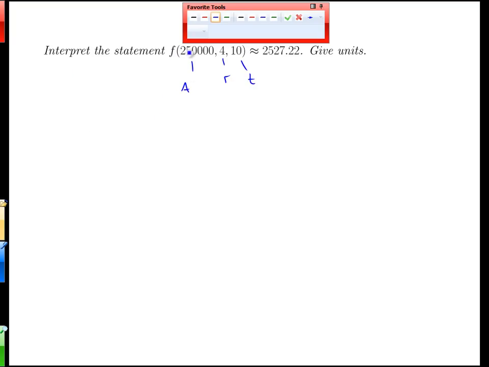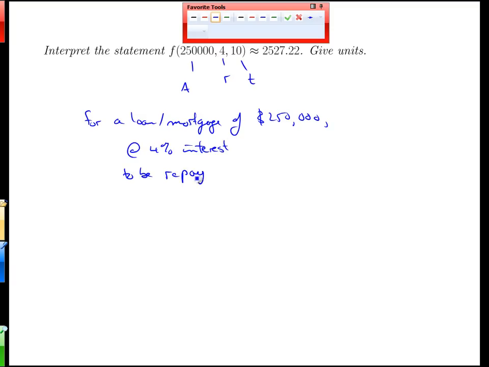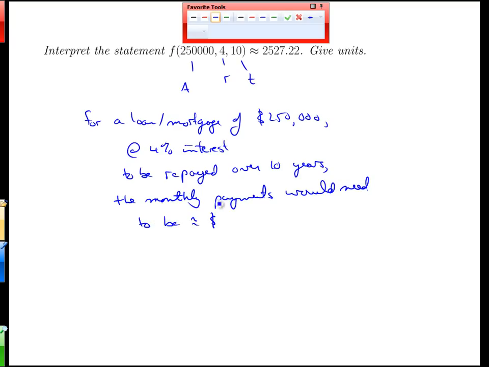So if we had this f of A, R, and T is approximately this value here, in English this would be for a loan or mortgage of $250,000 at 4% annual interest, and to be repaid over 10 years, the monthly payments would need to be approximately $2,500 per month.